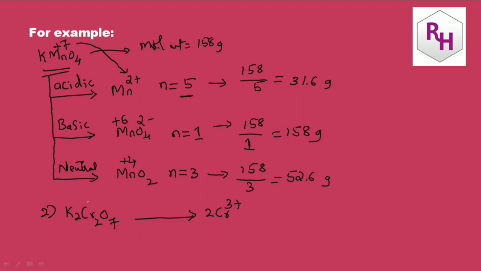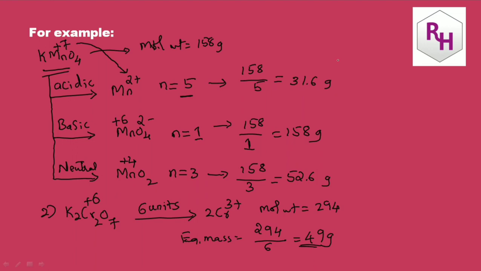Here chromium is +6 and there it is +3, but there are 2 chromium atoms, so the total change is 6 units. With 6 units change, the molecular mass of K2Cr2O7 is 294. So the equivalent mass is 294 divided by 6, equal to 49 grams. Very simple.